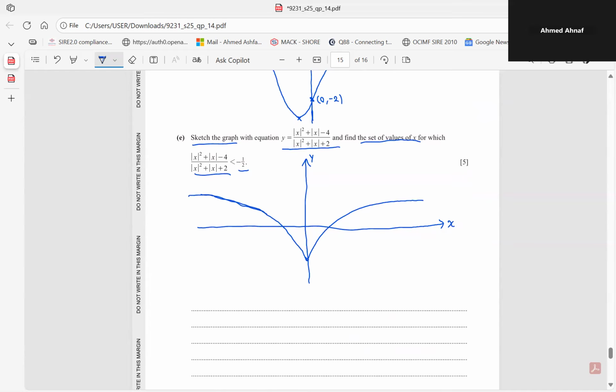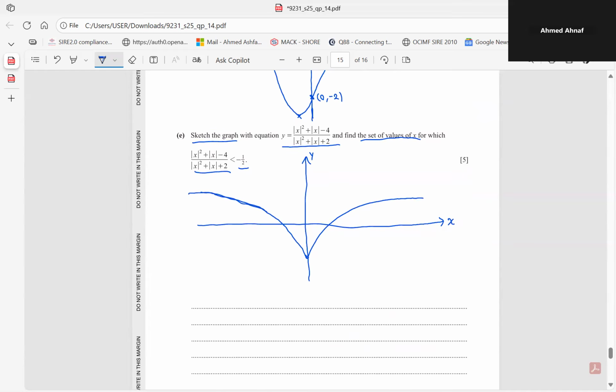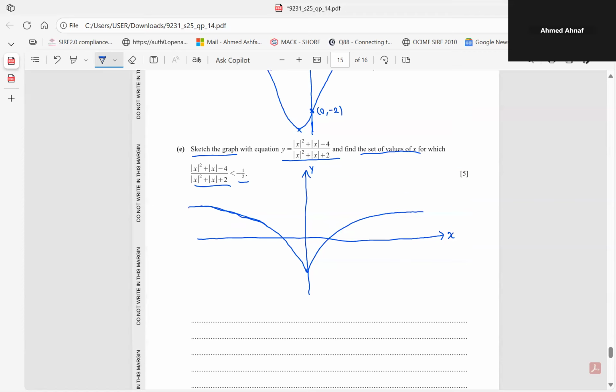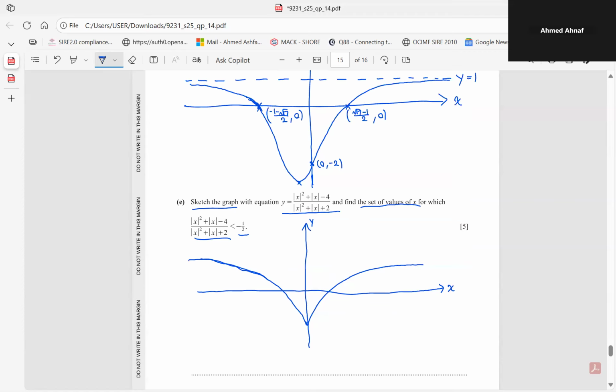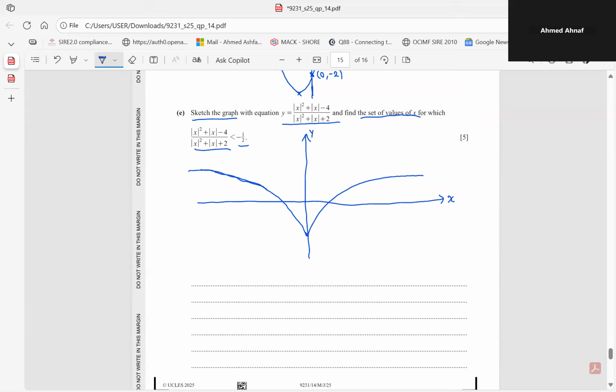Now using this, we can find the set of values of x for which this is minus half. So we know that this is 0, negative 2. Let's sketch the line y equals negative half. It's obviously here.